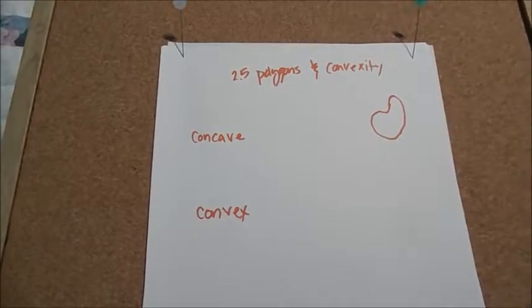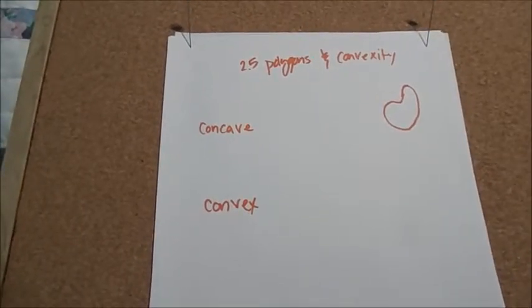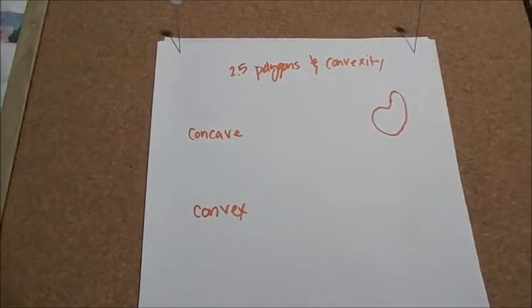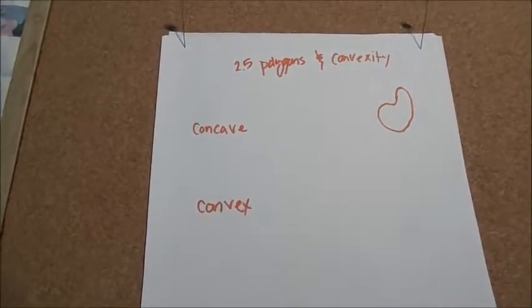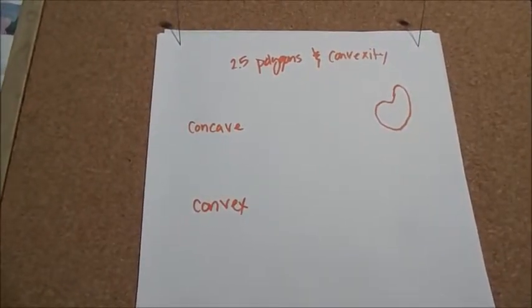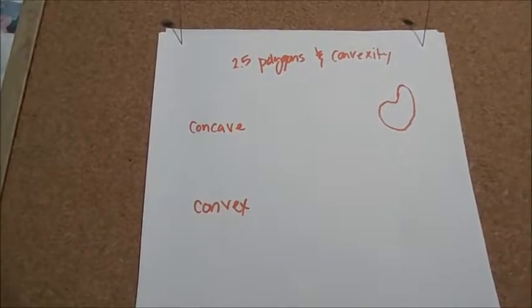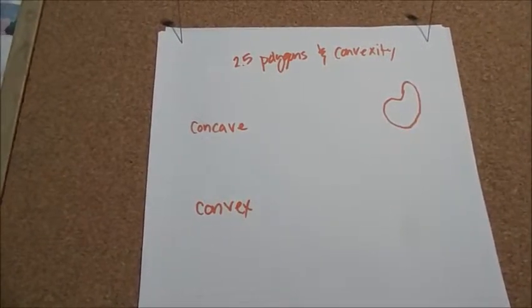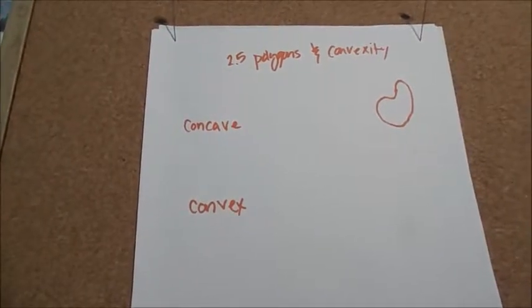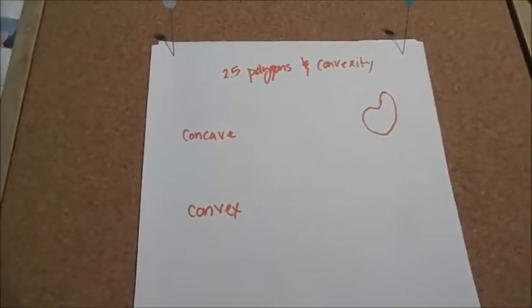It says a concave set is a set that's not convex. So that one doesn't really help us any. Let's see what convex means then. It says a convex set has the property that any two of its points determine a segment contained in the set. That's how you know if you're convex.